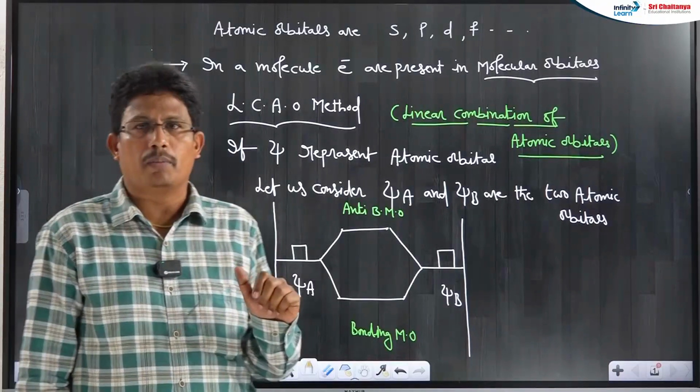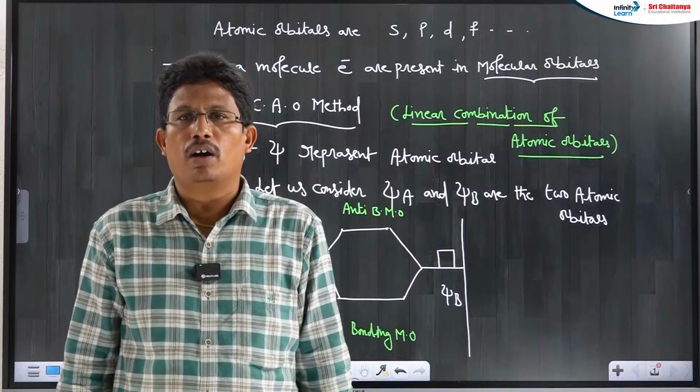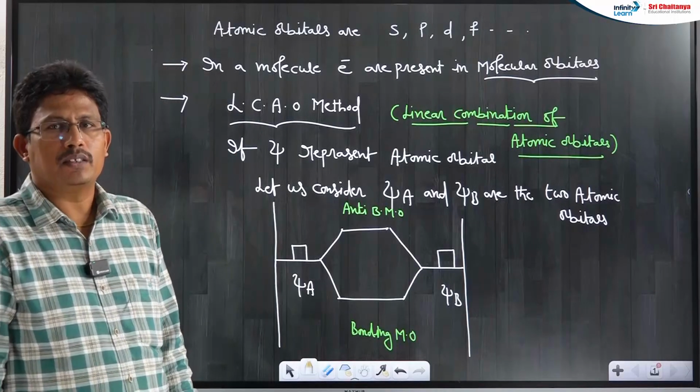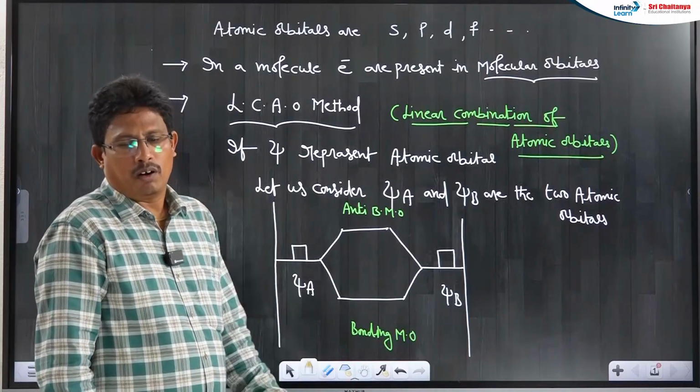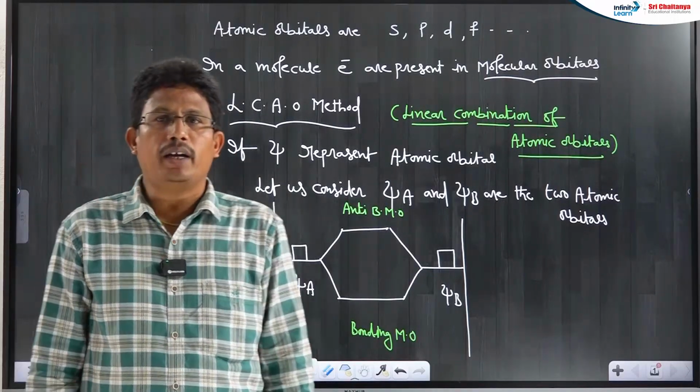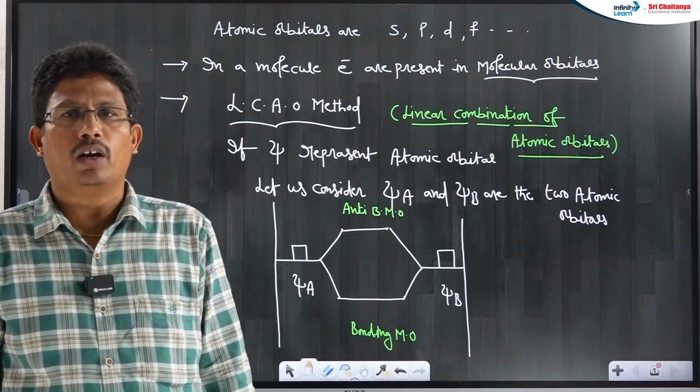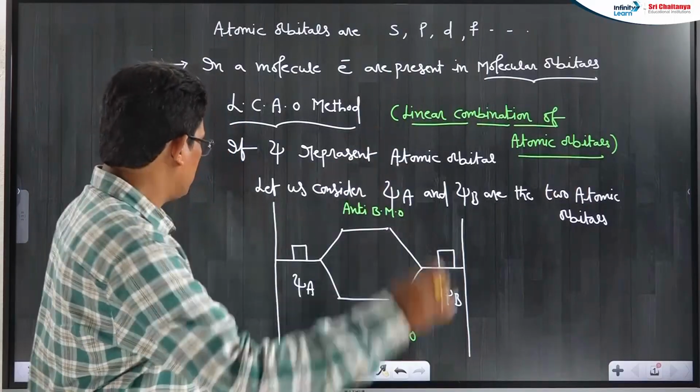When two atomic orbitals combine, they give two molecular orbitals. That means the number of atomic orbitals combined is equal to the number of molecular orbitals formed.